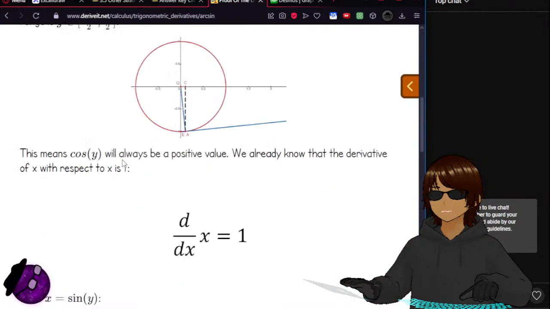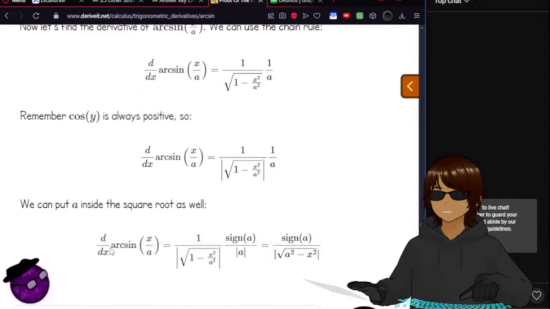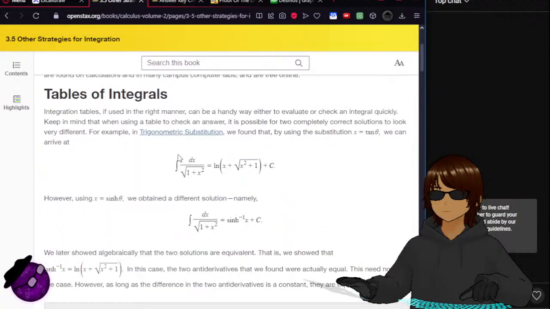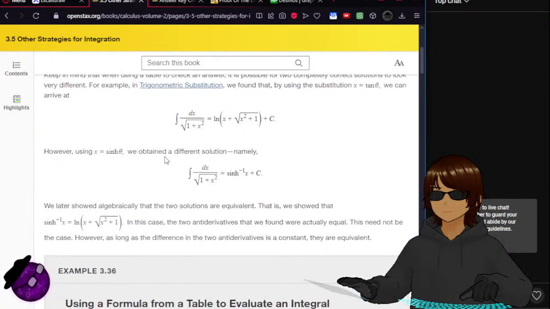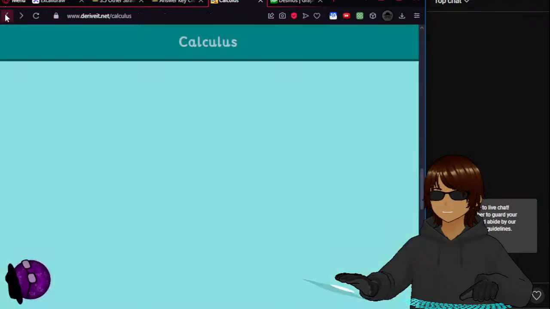Think derivative of arc sin h. Yeah, this part, derivative of arc sine is your sine a, and then the root of a square minus x square. It is using sin h, not arc sine.